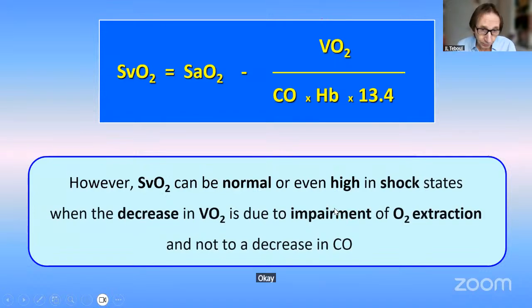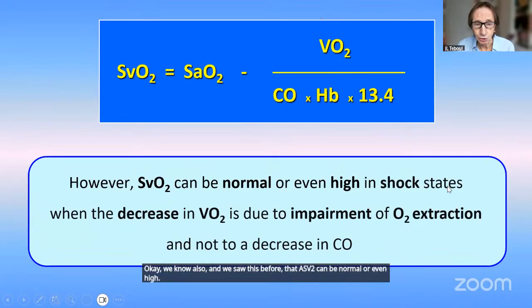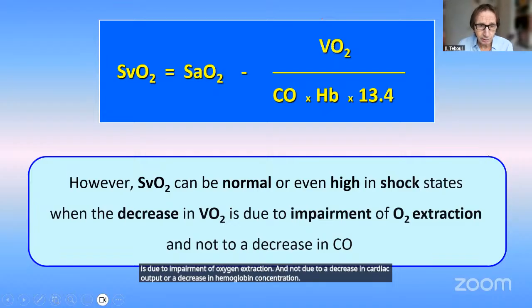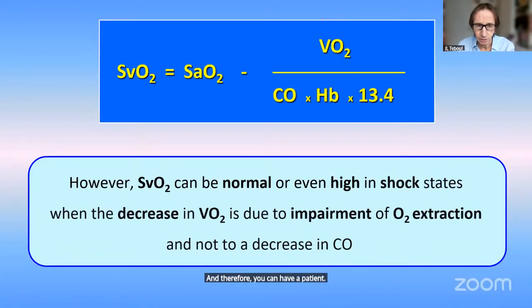We also know, and we saw this before, that SVO2 can be normal or even high in shock states when the abnormality is due to impairment of oxygen extraction and not due to a decrease in cardiac output or in hemoglobin concentration. Therefore, you can have a patient with shock, sometimes very severe shock, but if you measure SVO2, it can be a normal value or even high, for example 75, 80%, or even 90%.